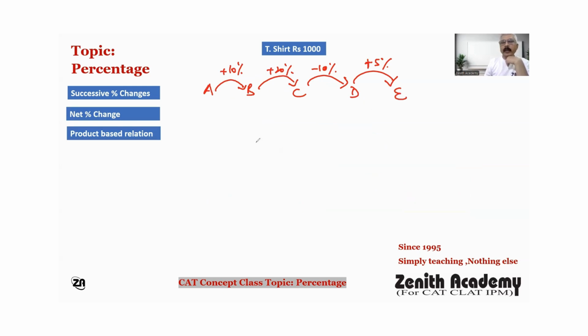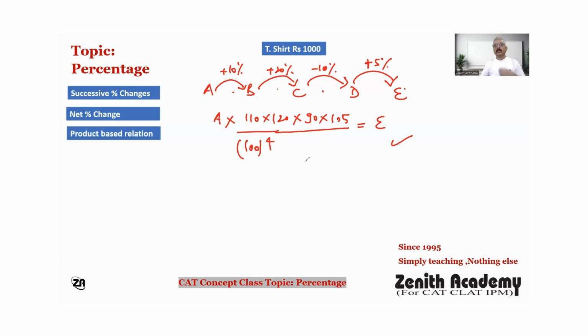So the relation between A and E is A into 110 into 120 into 90 into 105 over 100 to the power 4, is equal to E. Okay. So this way you can establish a relation between A and E.